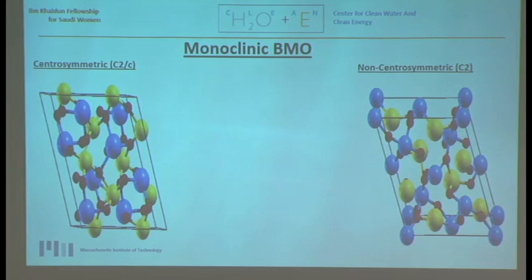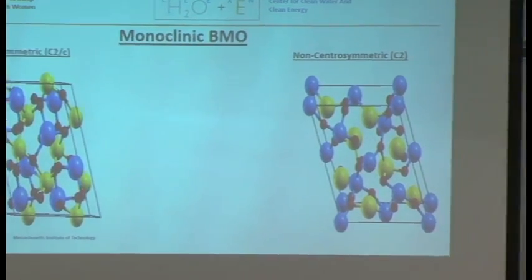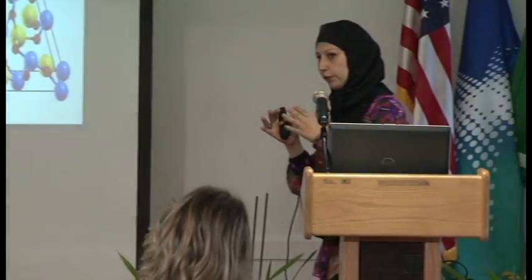And this will cancel all the polarization, as I mentioned earlier, that the polarization or ferroelectricity comes from the bismuth atoms. So this will cancel all the polarization in all directions except the one in the y direction.